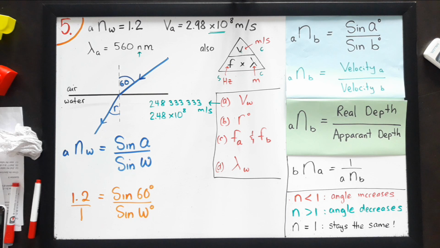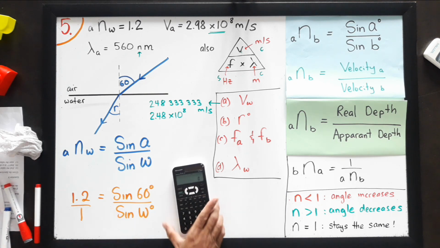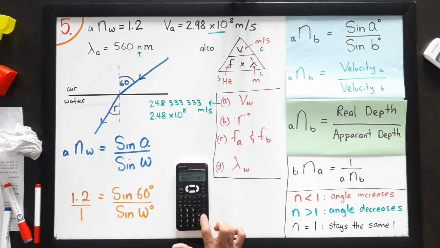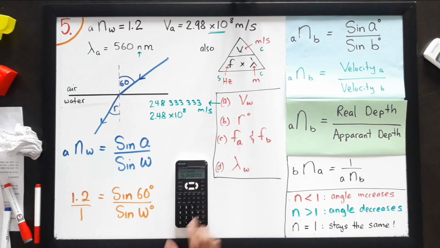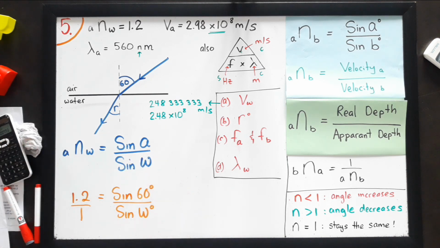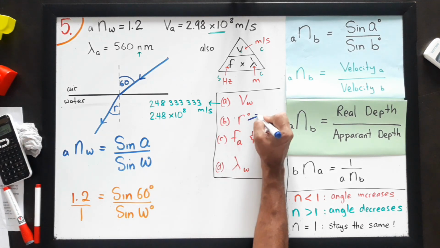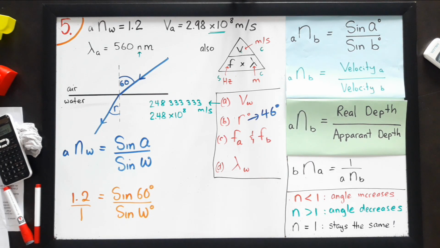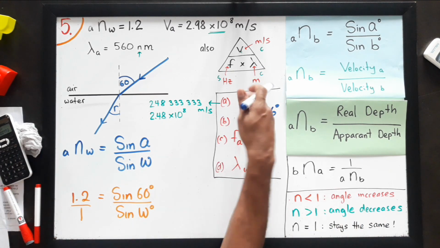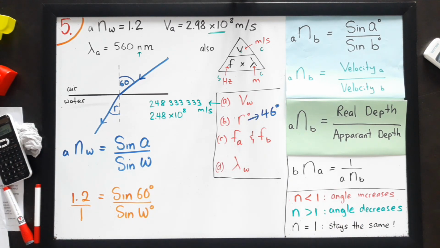Cross multiply as usual and solve for W. Let's see what you get here. So you get sine 60 divided by 1.2. You'll get something close to 46 degrees. If you get 45.8 or 46.1, anything close to 46 degrees, because everybody's going to round off a little bit differently, but make sure you get that answer.